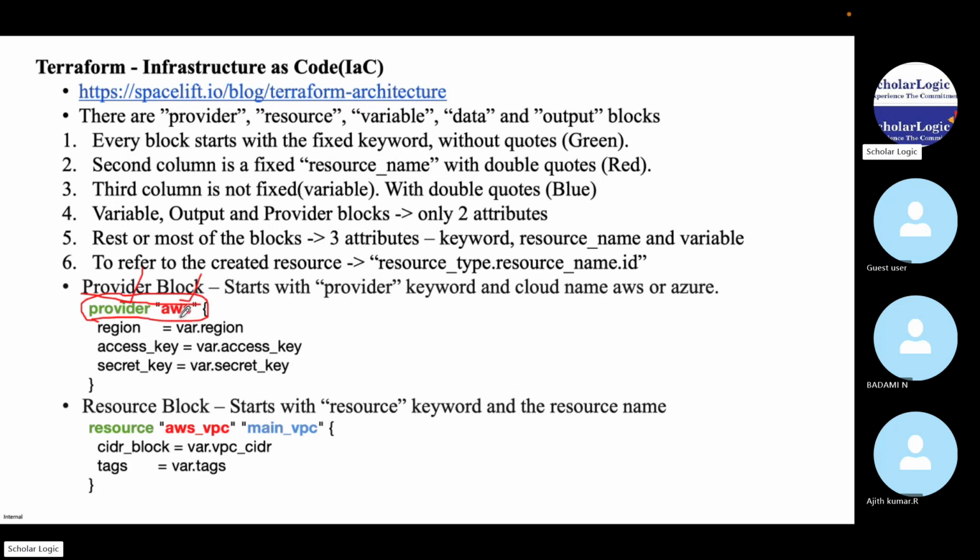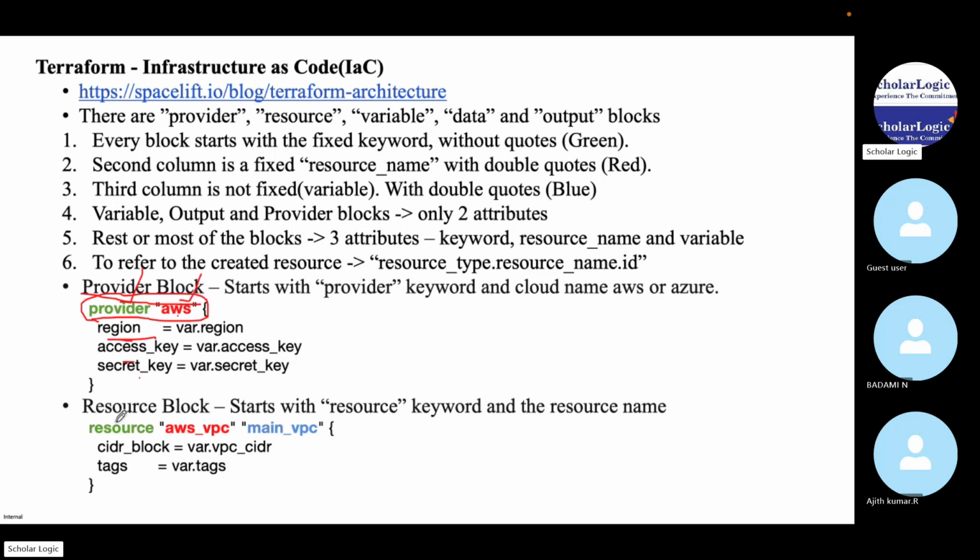If it is Azure cloud, it is called Azure. If it is Google cloud, it is called GCP. So the provider name will vary, and then your inputs will vary based on your cloud. Here we are talking about region, which is mostly we will be working on us-east-1. We'll have the access key and secret key to authenticate to the cloud.